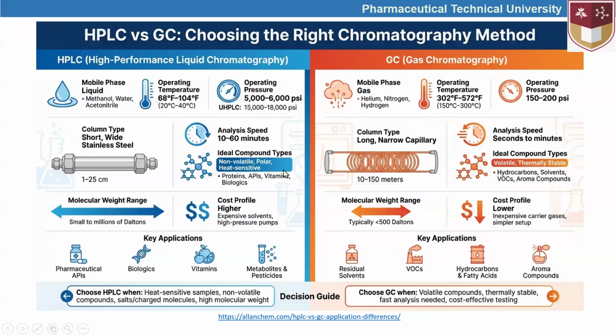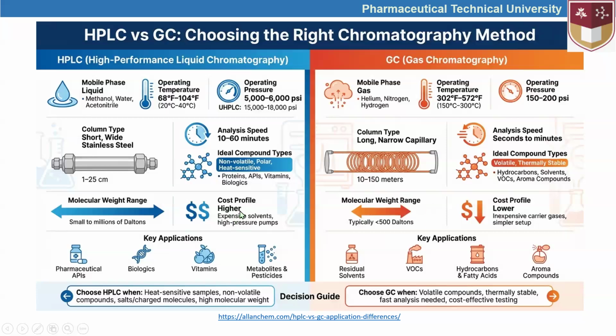And ideal compound types in HPLC are non-volatile, polar, heat sensitive, that could be proteins, vitamins, other biologics, active pharmaceutical ingredients. And for GC, they could be hydrocarbons, solvents, volatile organic compounds, aromatic compounds, and so on. And the molecular range in HPLC can be wider compared to GC, as shown here.